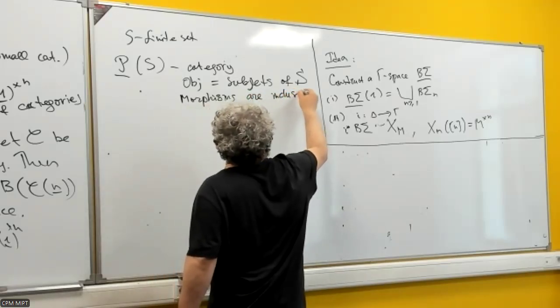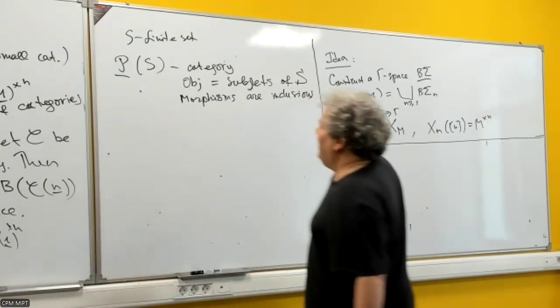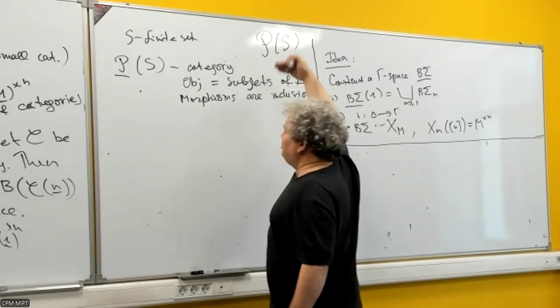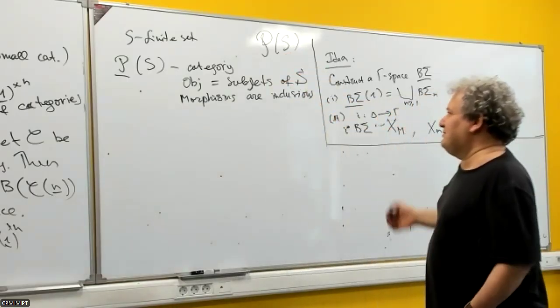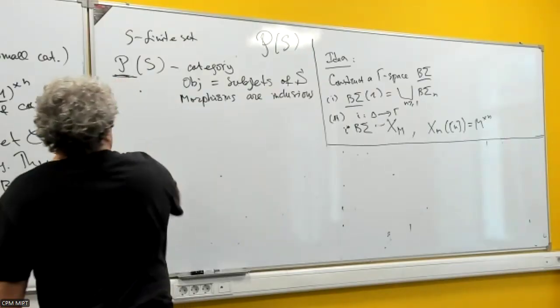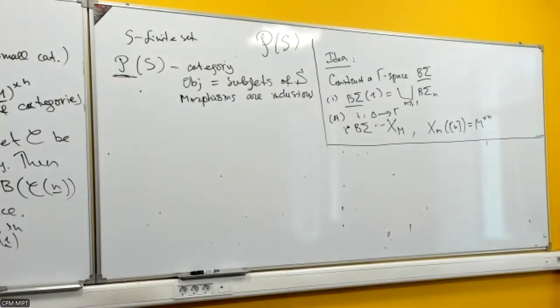In the first lecture, in the definition of Gamma, I used the notation P of S for just the set of all finite subsets, and here I underline it to stress that in this case it's a category. So the objects are the same, but now I have morphisms which are inclusions.